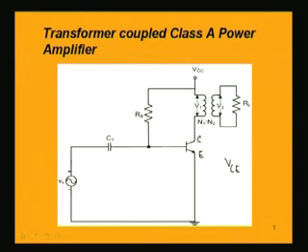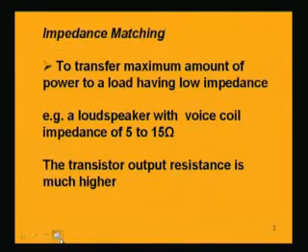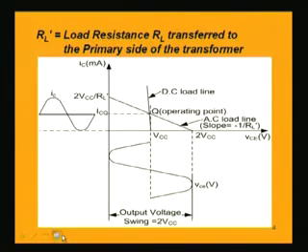So, under DC conditions, the maximum collector to emitter voltage will be VCC and the maximum collector current will be infinite. It is infinitely large.